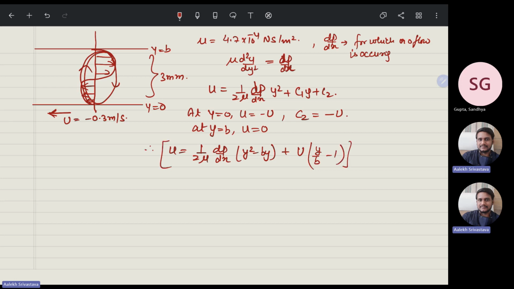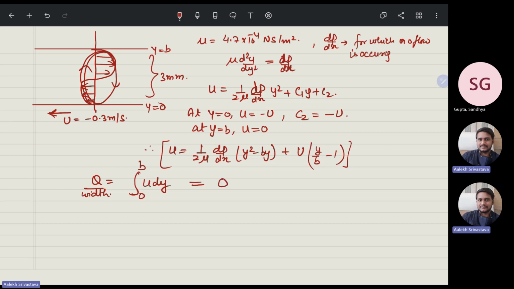Now we don't want any net flow over the cross section. So what we will do is we will find q, that is integral of u dy. This is the flow per unit width, from 0 to b. We will integrate this and we will put this equal to 0.